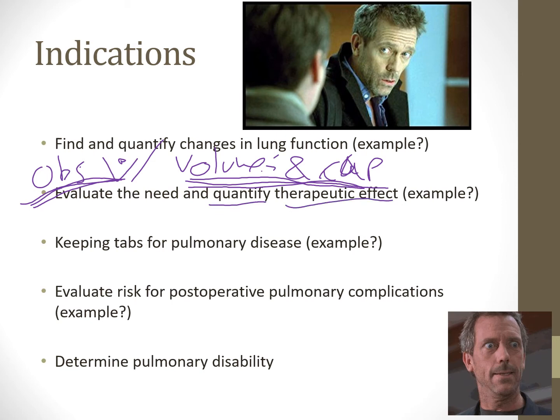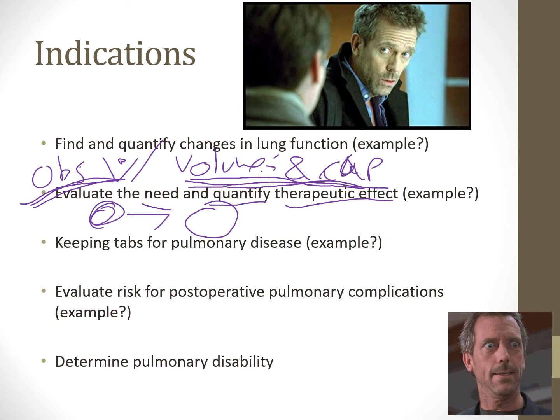I also need to quantify, once again, we're getting measurable data here, the therapeutic effect. So if I have someone that has asthma and they have a very small radius, and I want to see how effective a bronchodilator is at opening up their lung tissue to a bigger radius, then I'm going to give them a bronchodilator. I'm going to do a pulmonary function test without the bronchodilator and see how low their flow rates are.